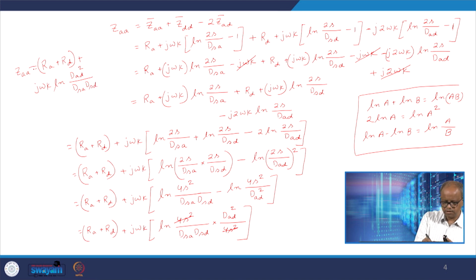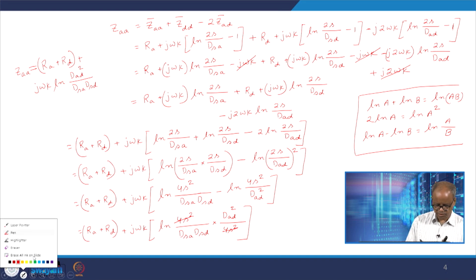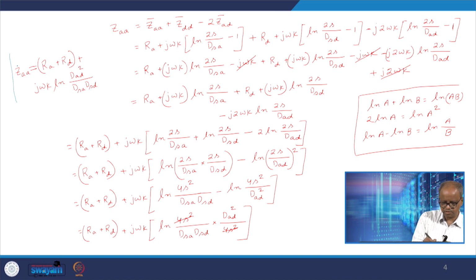So this is the expression of the self inductance, or rather we call it the self inductance of the conductor. This is the final expression of the self inductance of the conductor, right. So this is the impedance of the conductor.